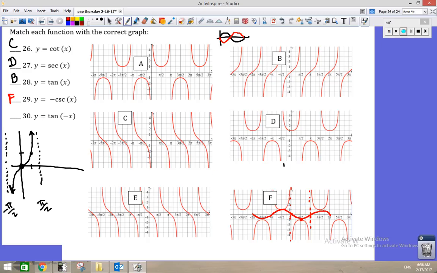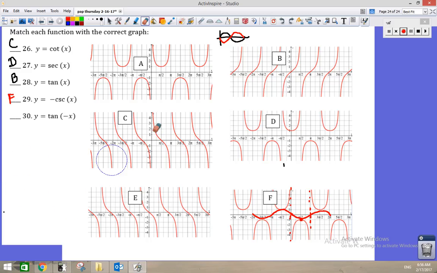Now, tangent is an odd function, and we know which one is the graph of tangent. That's b. And although the negative sign in the front here is saying to reflect it across the y-axis, it would also be the same graph to reflect it across the x-axis, because the tangent of the opposite of x is the opposite of the tangent of x, so it doesn't matter how I reflect this graph of b.